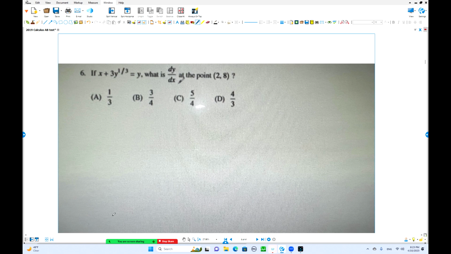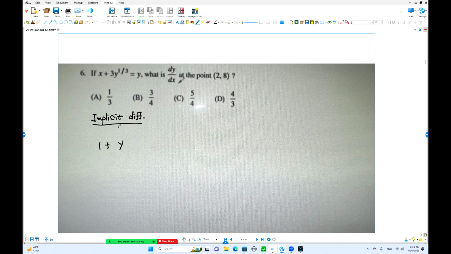Implicit differentiation. Derivative of x is 1. Derivative of 3y to the 1/3: the 1/3 moves down, 3 times 1/3 is 1, so we don't need it.